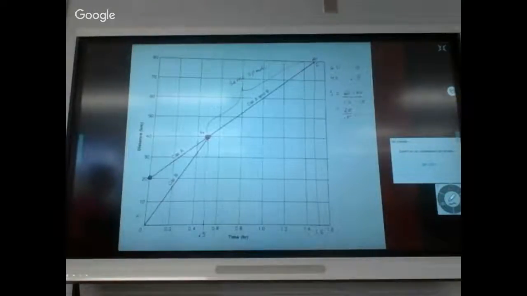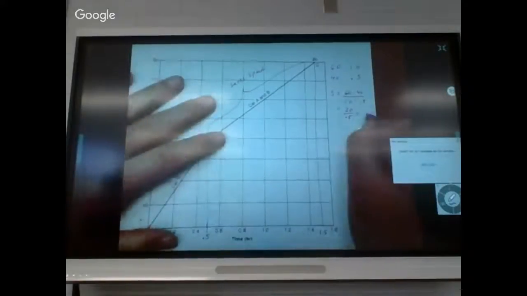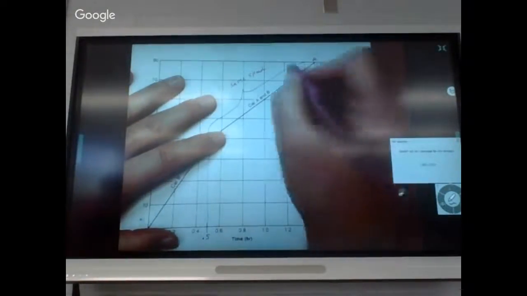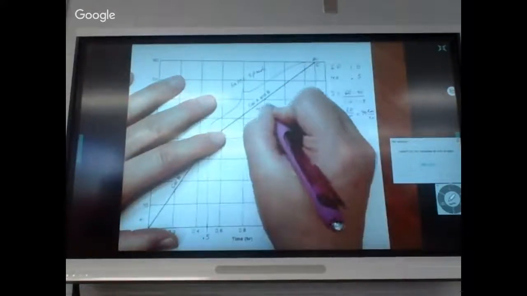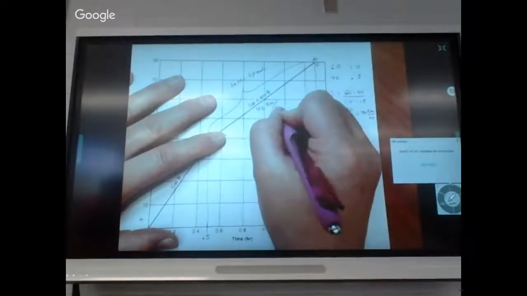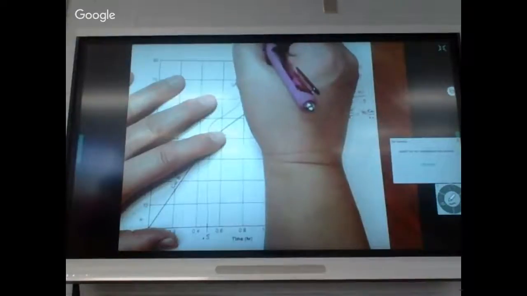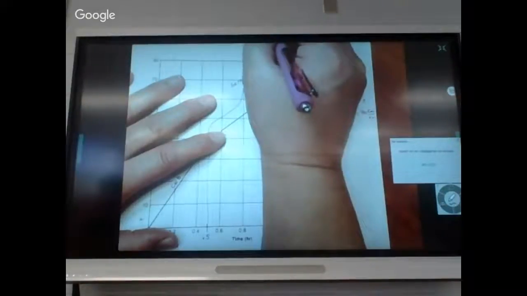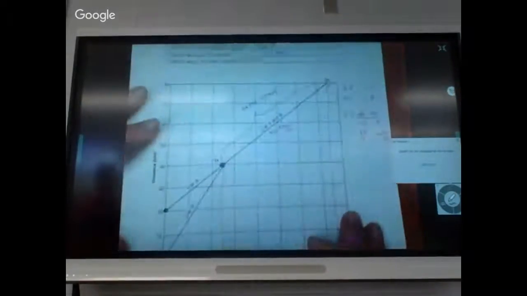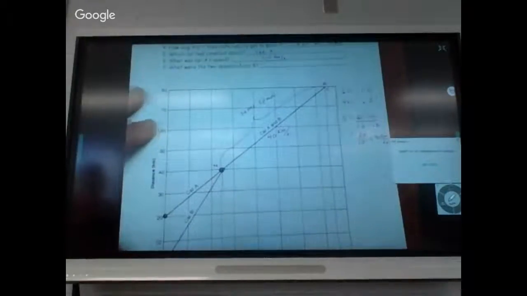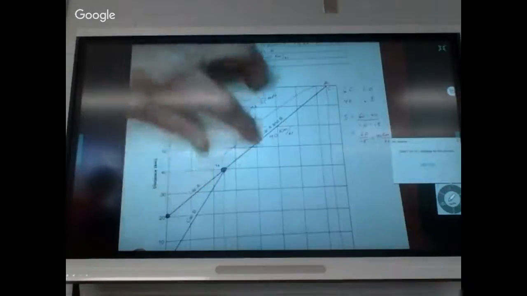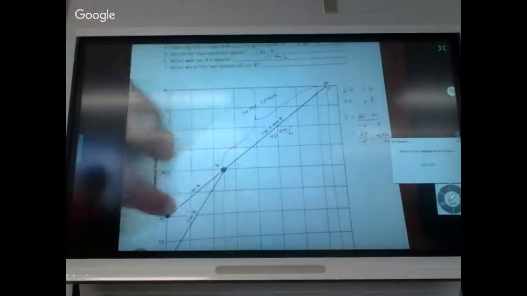Is that 40? Yeah. So that's 40 kilometers per hour. So this line is 40 kilometers per hour. The answer to 6 is 40 kilometers per hour, and that means this line right here for car A is 40 kilometers per hour.